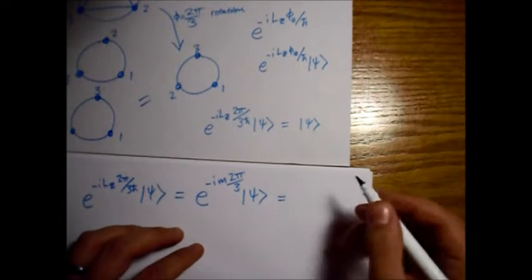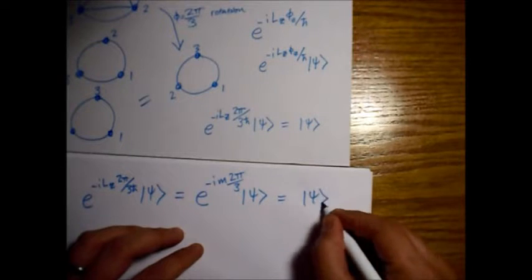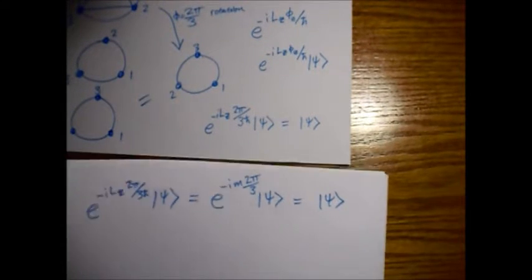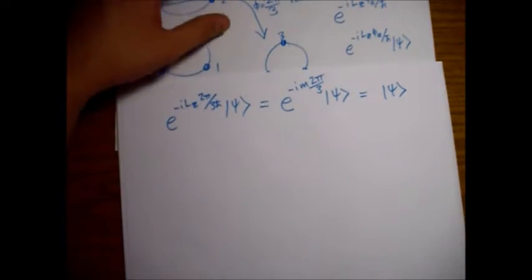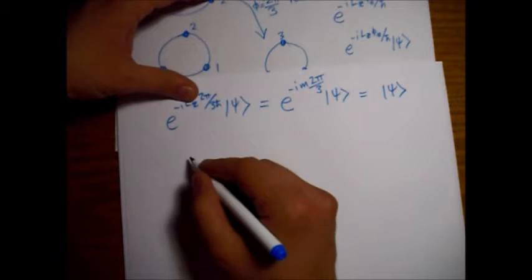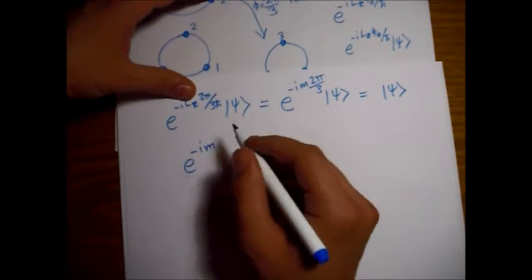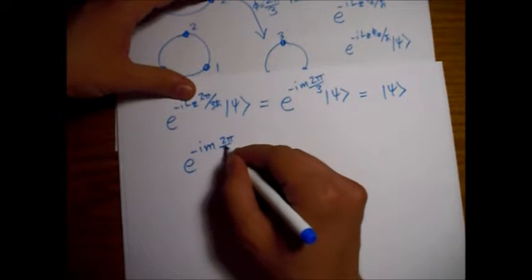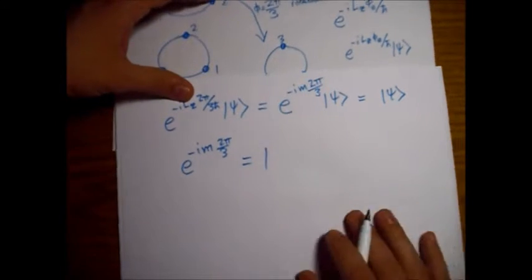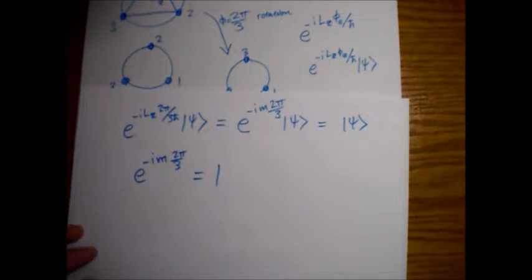An eigenvalue of 1 right here. Again, extra steps, but we have 2 pi over 3 is equal to 1. These eigenvalues match up.